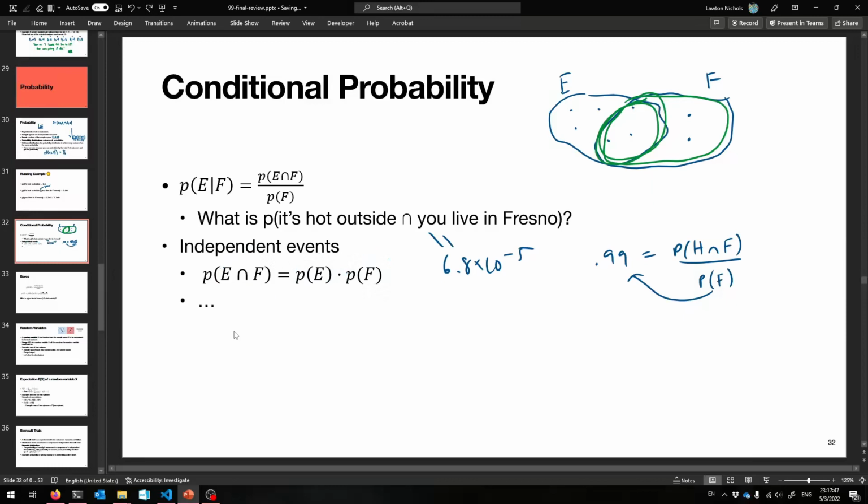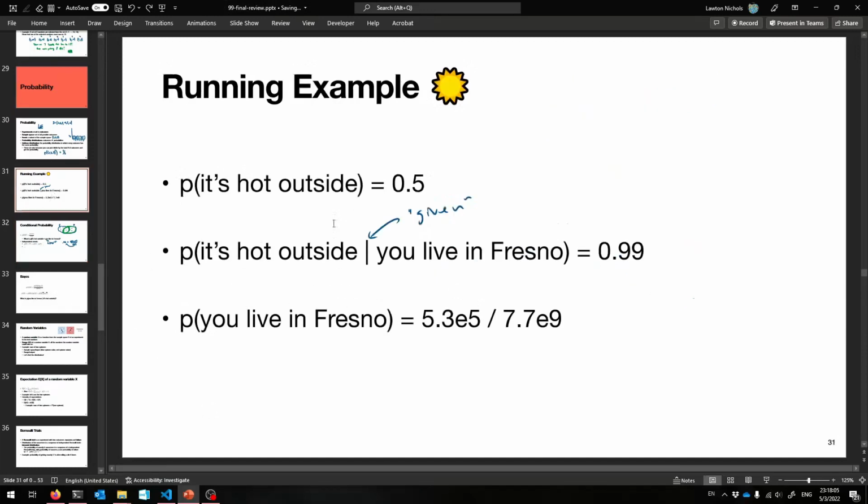So is this true? Is the probability of E intersect F, or this probability, equal to the probability of it's hot outside times the probability that you live in Fresno? I do believe that is not true. Let's find out. So is that equal to 0.5 times whatever this is?